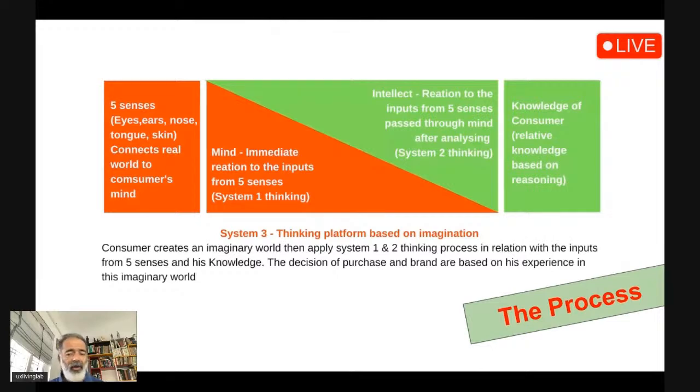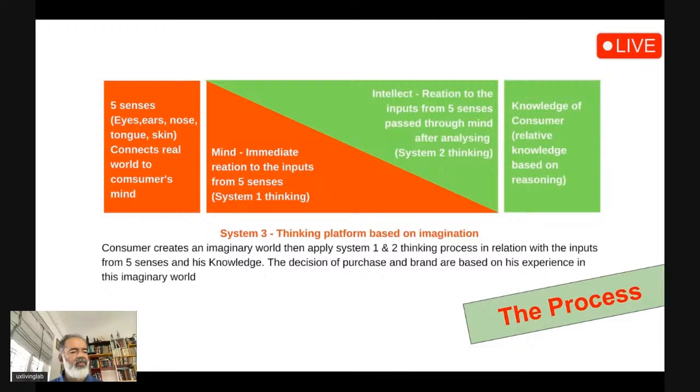Whatever logic you have is based on your culture, your education, or anything according to the consumer. So the consumer's culture and education and everything will act on it. So immediately it will react with some logic. That is called system two thinking.